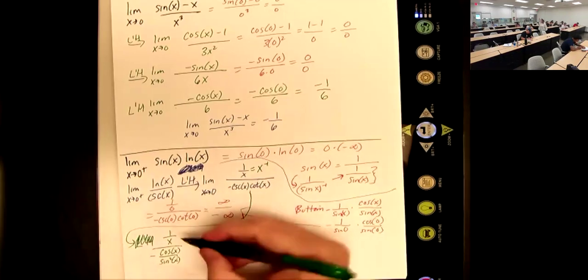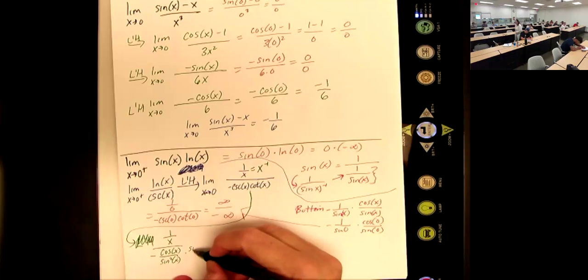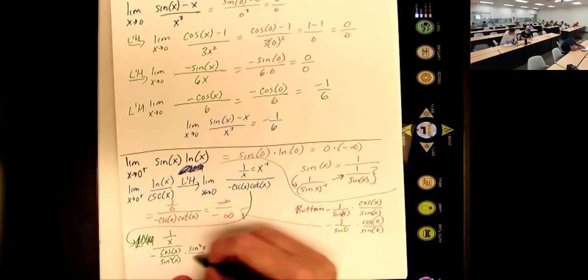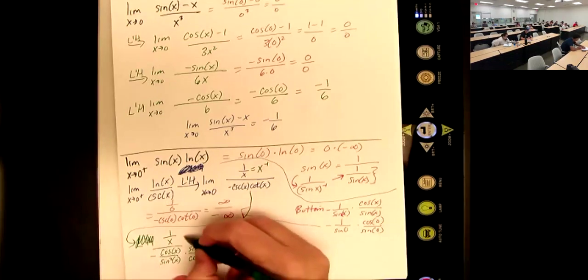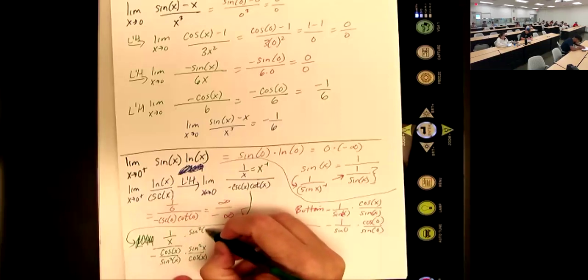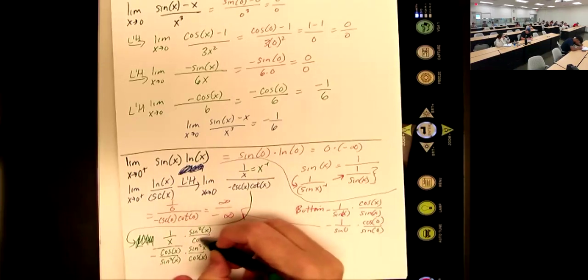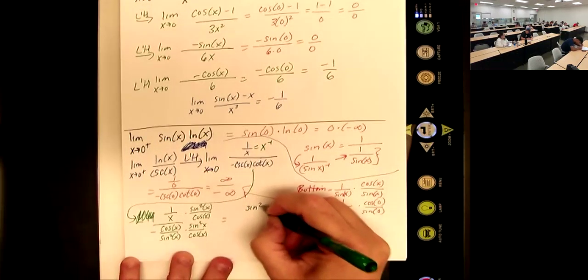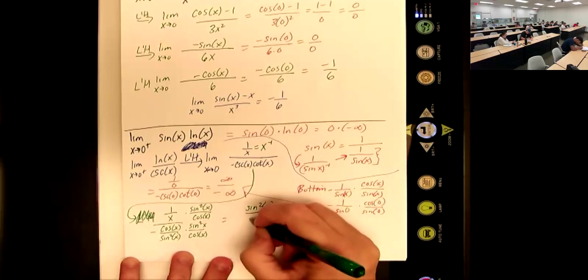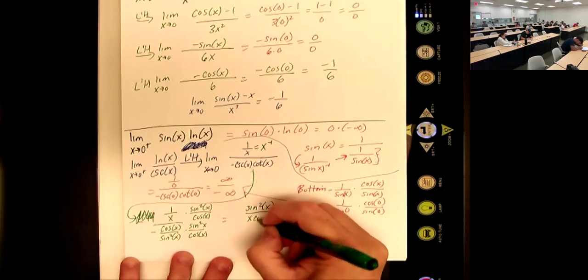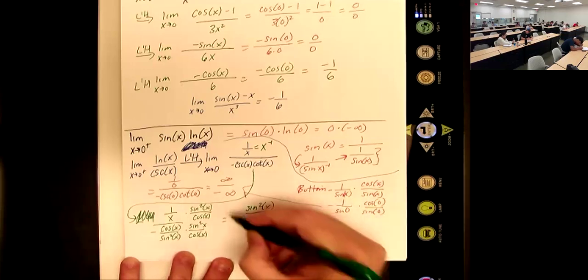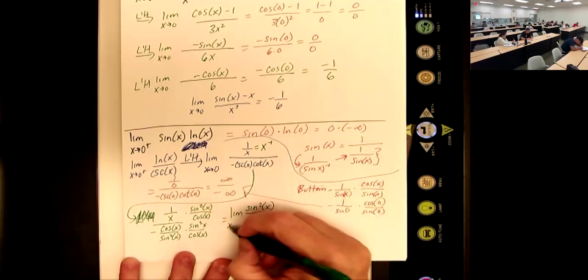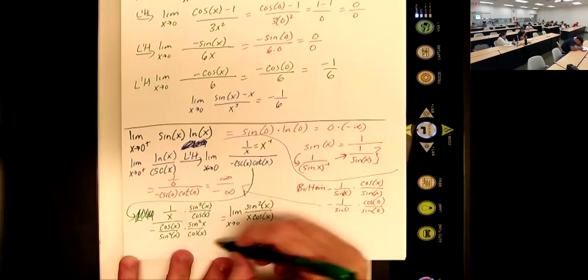So if we clear fractions, let's multiply top and bottom by sine squared x over cosine x. And we get sine squared x over x cosine x. And that was the limit as x goes to 0. And now we'll trigger L'Hopital.